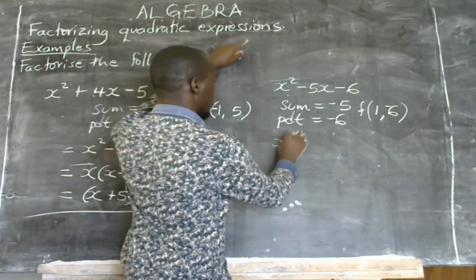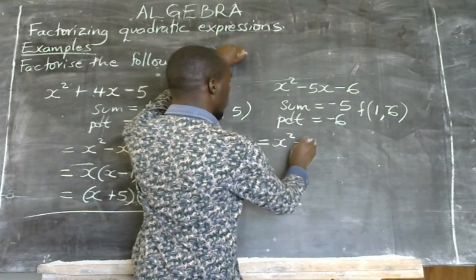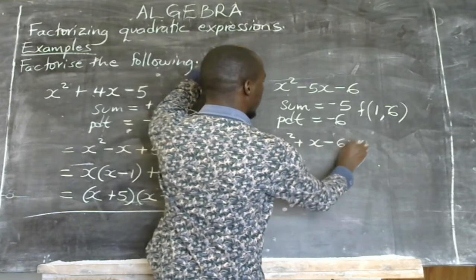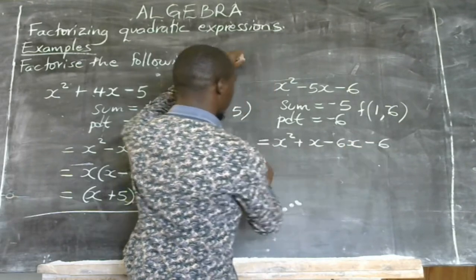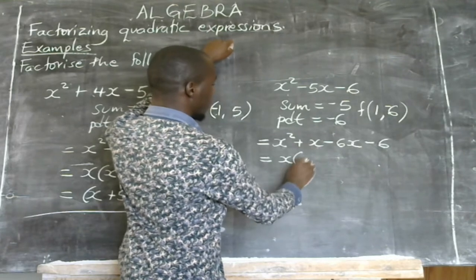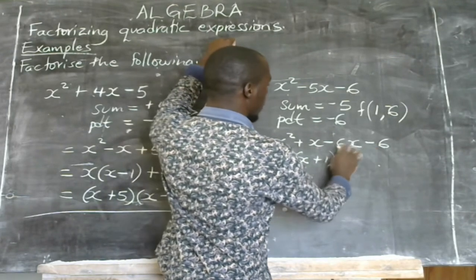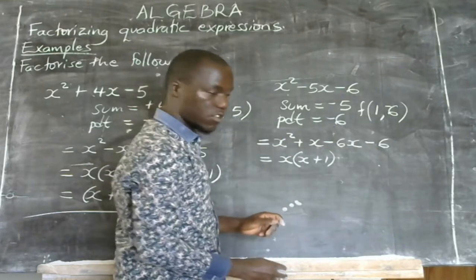So this is x squared plus x minus 6x, then minus 6. So I factor out x here. Here I'll be left with x, then plus 1. Then here, negative 6 is common.